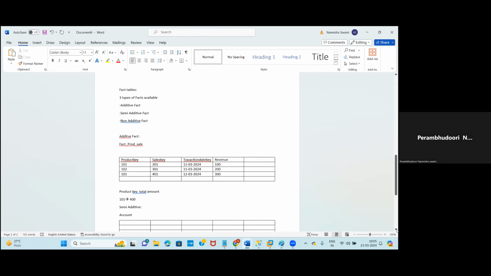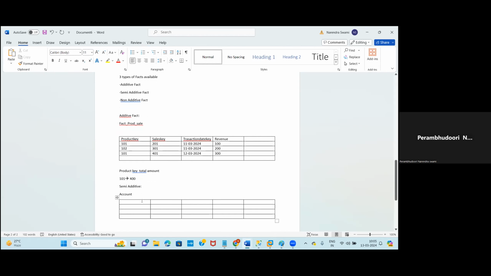Okay, this account has columns like account key, account ID, customer name or something like that. And we have a current balance, and this is like a profit margin.